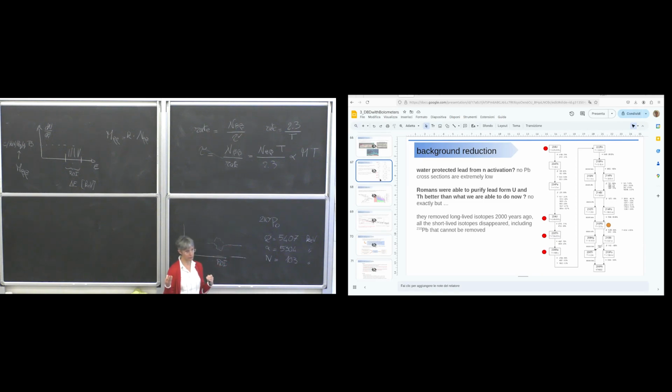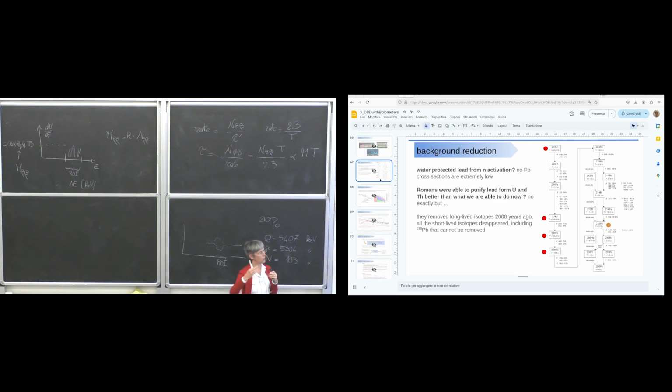If I remove uranium and thorium, I do not remove lead 210. And the Romans also did not remove lead 210, for sure. But lead 210, as you can see there, has a half-life of 22 years. Assume I fully remove uranium and thorium, which are long-lived isotopes, all different from lead: radium, thorium, uranium.